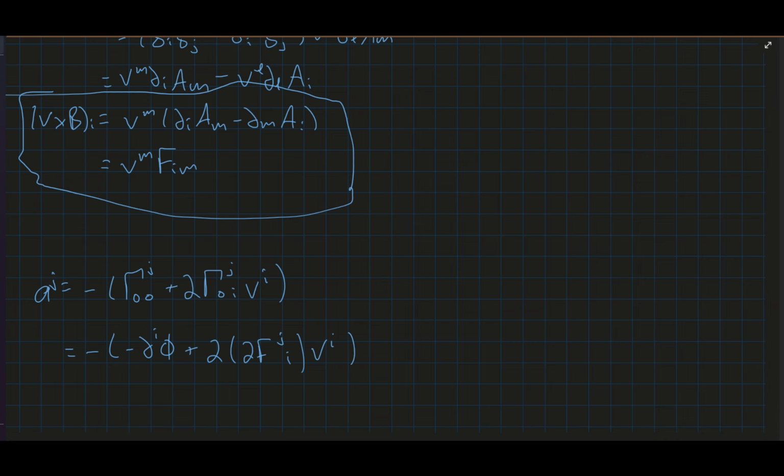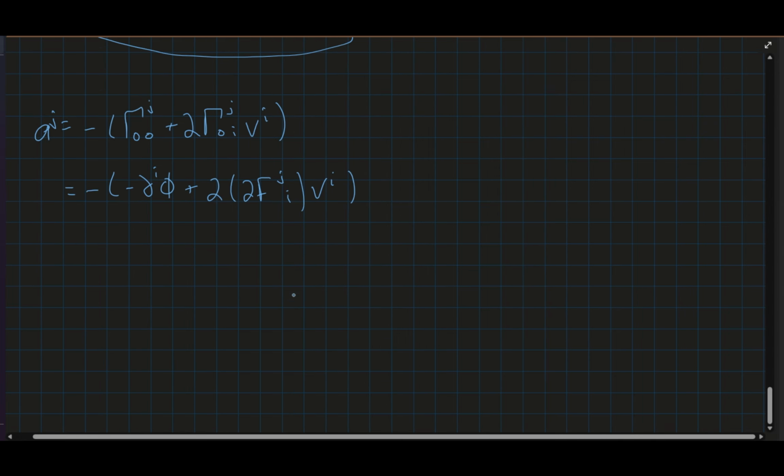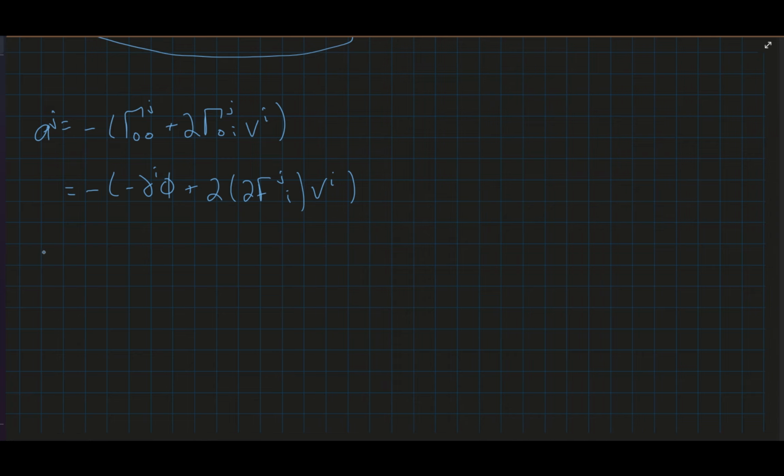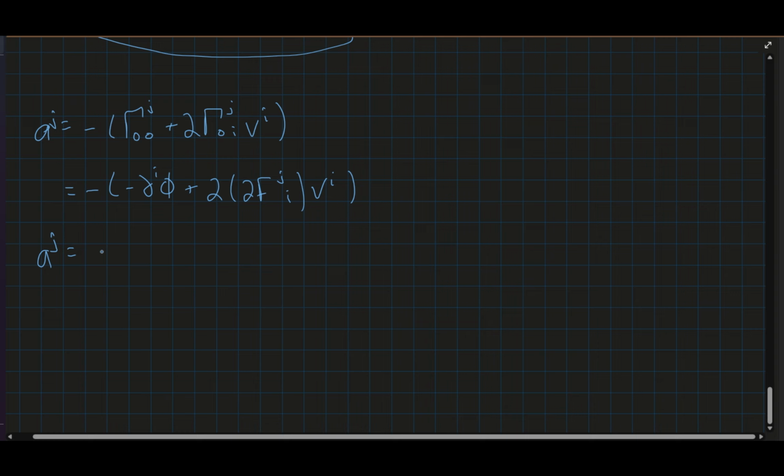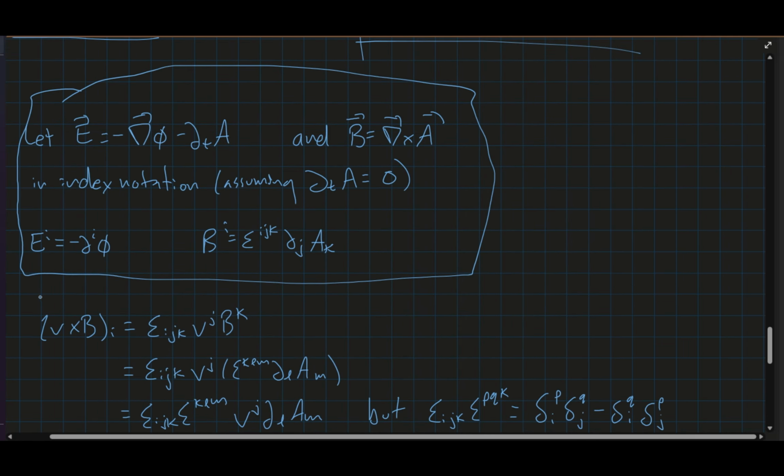What can we do now? Oh, this should be a J. Now we know that this is nothing more than minus E_J from our definitions up here.